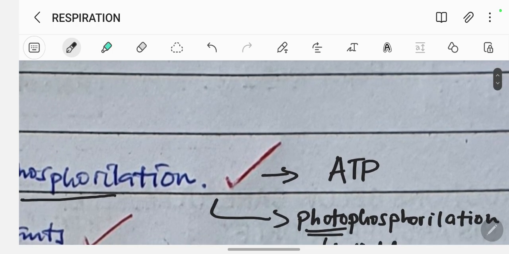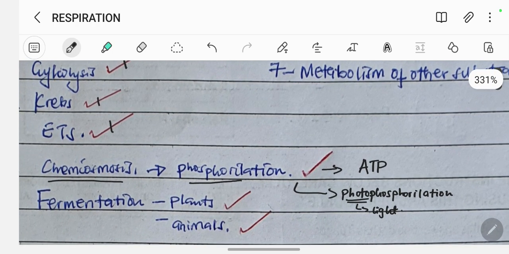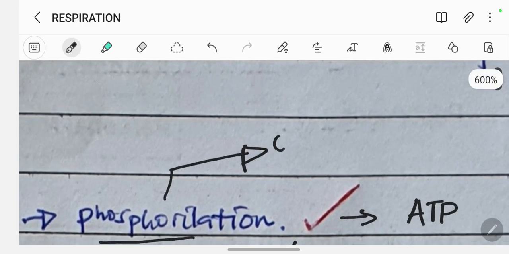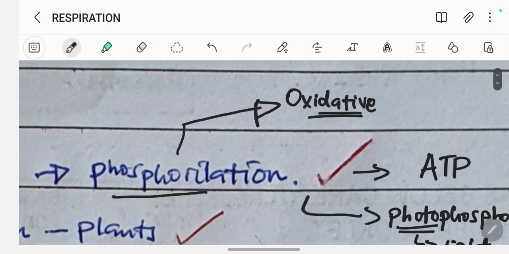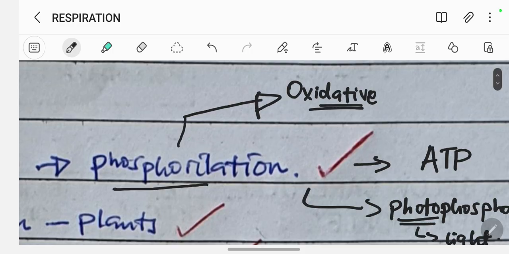Then the phosphorylation you're going to deal with is oxidative. Then we have another phosphorylation. That one is substrate level.